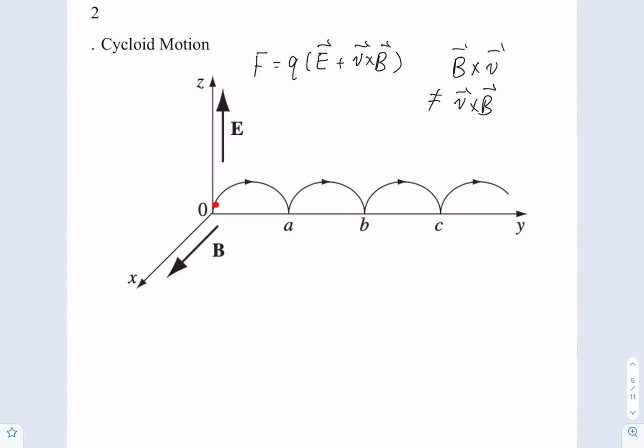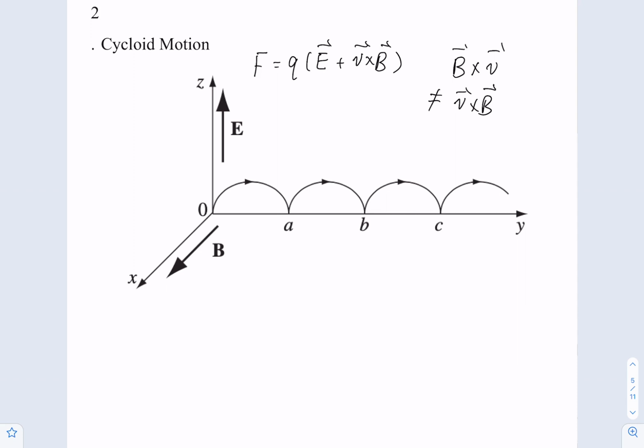As it goes up to the maximum point here, the motion it follows here can be thought of as a copy of this motion over here, but instead of going from 0 to Vmax, it goes from Vmax back to 0.